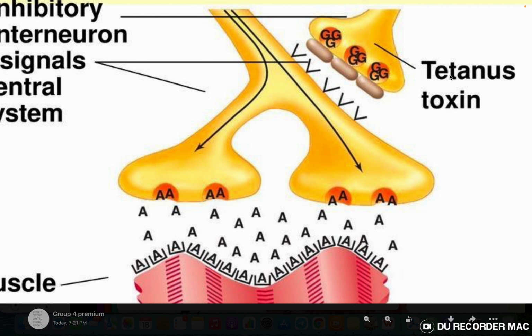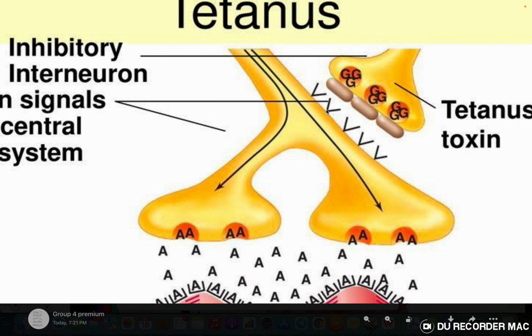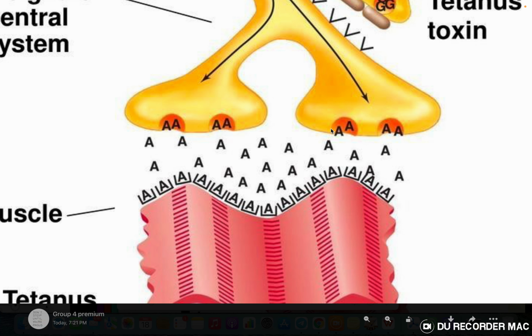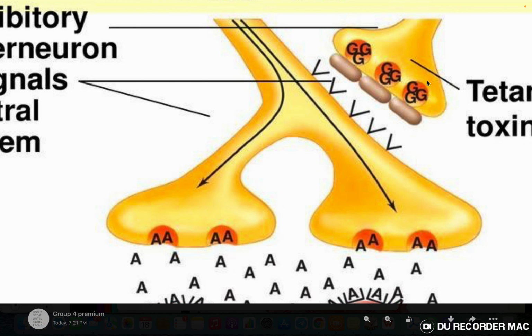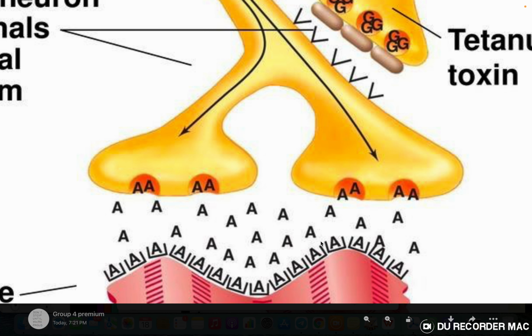So when I use the tetanus toxin, look what I'm doing. I am cleaving the SNARE protein, which will prevent the glycine and the GABA from being released, which prevents the acetylcholine neurons from being inhibited. Normally, this GABA and glycine prevent the release of acetylcholine. Now, when they are blocked, there will be more release of acetylcholine.